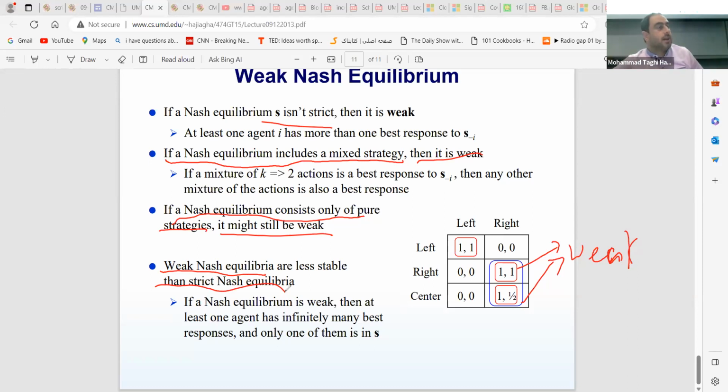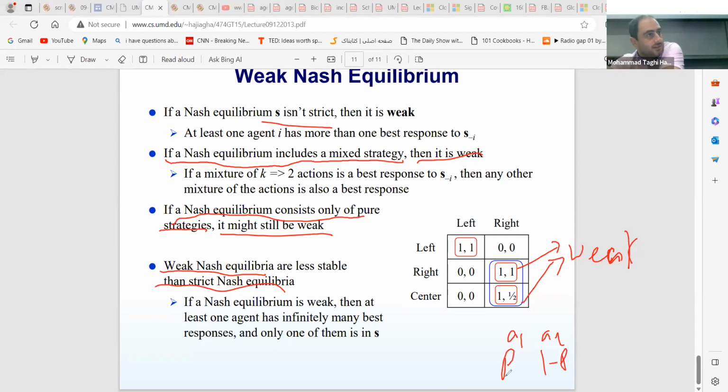Why? Because we know that if this one is weak, it means that one of them has a second best response. As long as this person has two actions, A1 and A2, that both get the same payoff, it means that they can put any P here and any 1 minus P here. It means that among all the possible strategies in the Nash equilibrium, there are infinitely many which are outside of the Nash equilibrium, because the number of P is infinite.